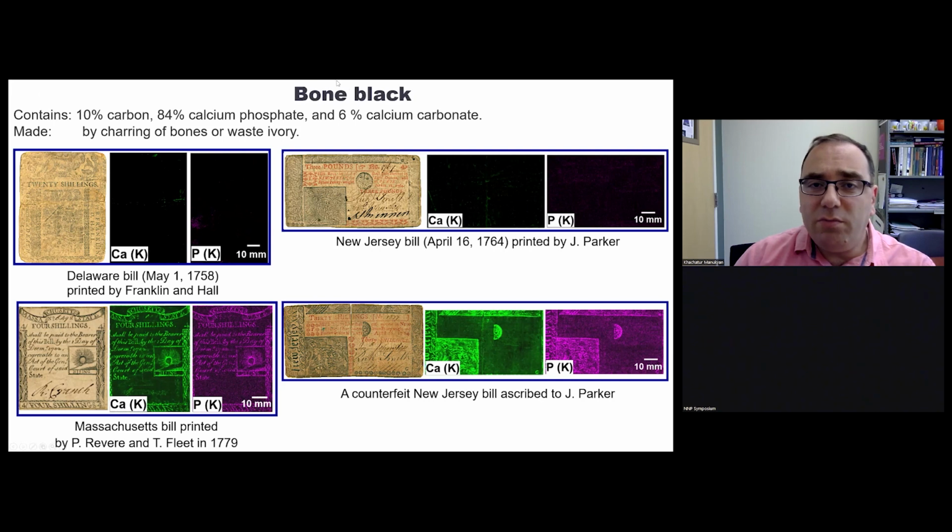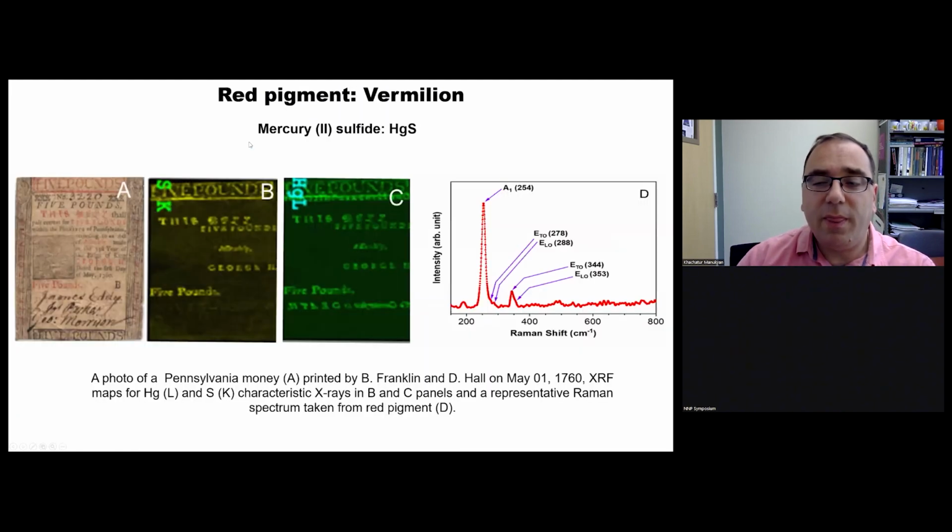So this bone black is black colored ink, but since you have calcium and phosphorus, you can easily see it under this X-ray imaging. So then we can tell precisely that most of the printers used bone black, but Franklin used only this graphitic carbon. This is a distinction from all other printers.